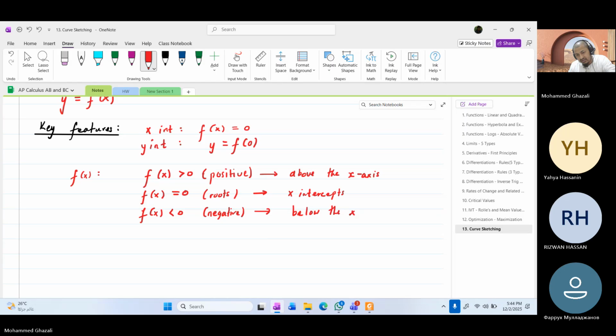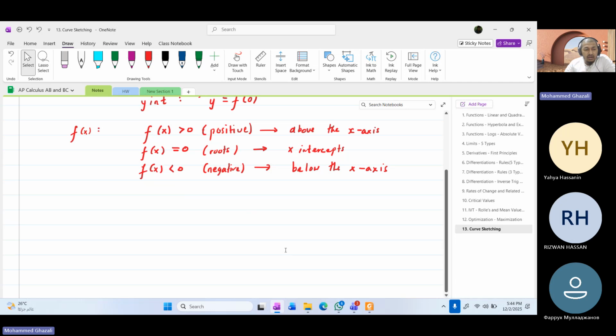These are some of the important key features that we have learned in pre-calculus.